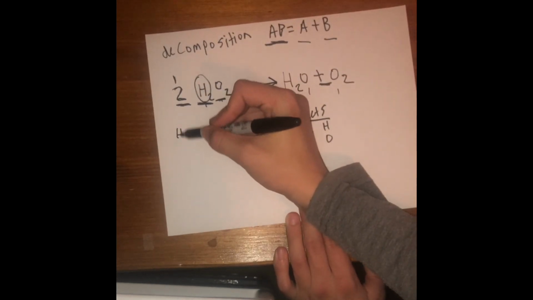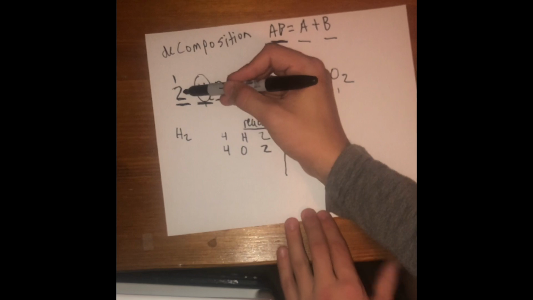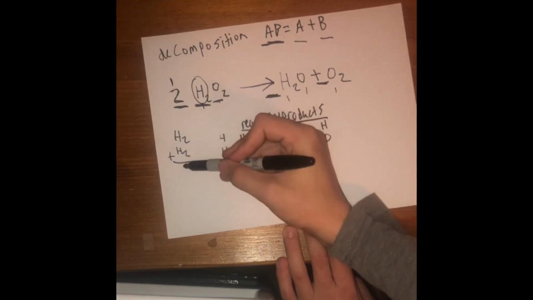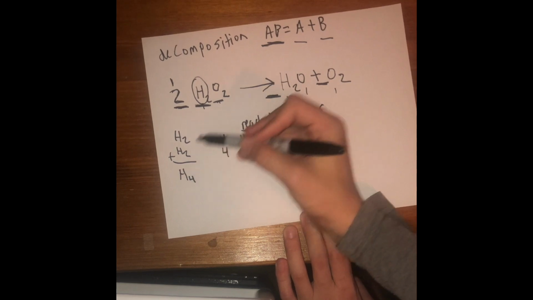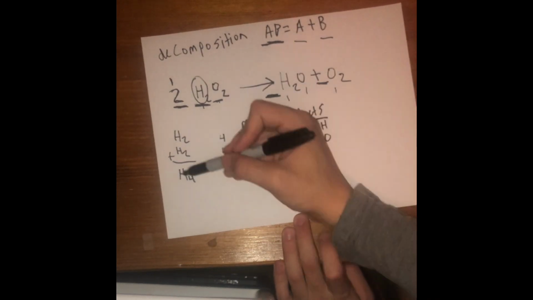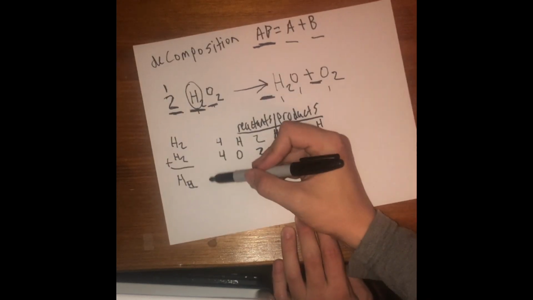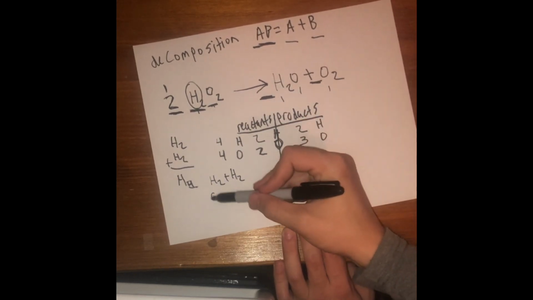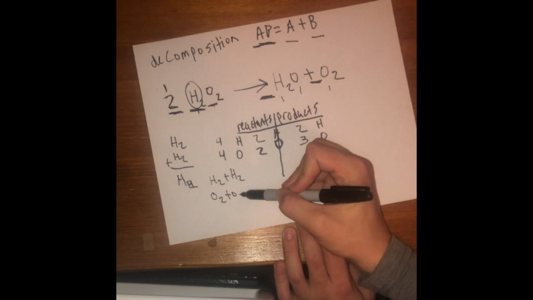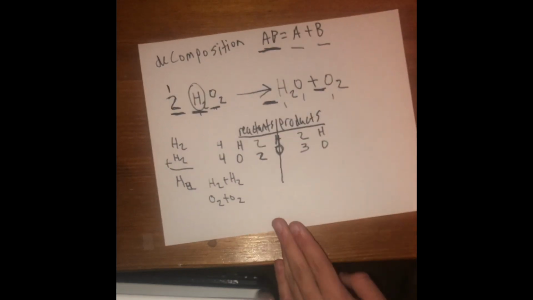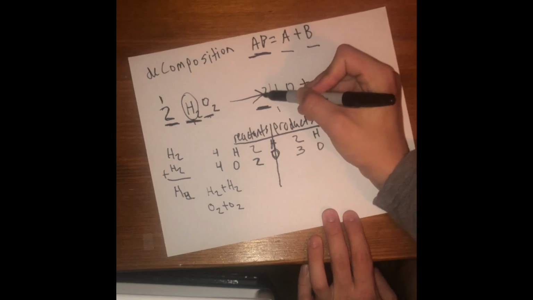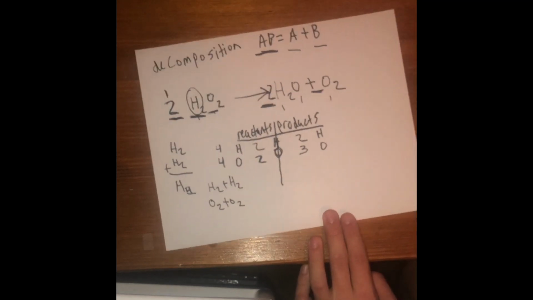So if we have H2 and we get a coefficient of 2, it's just H2 plus H2 to get H4. But it would still stay H2, but it's H2 plus H2, then O2 plus O2, giving you more hydrogens and oxygens. On the right side, there would be a 2 right here.